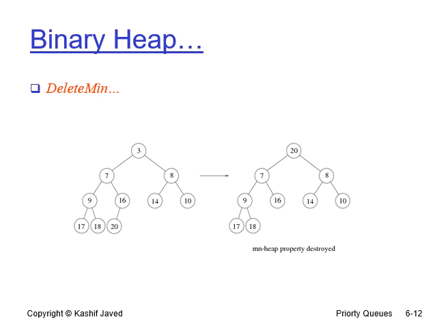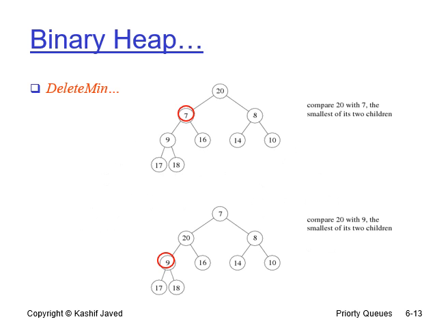So let's move on. What we find is when you compare 20 against the two children, 7 and 8, 7 being the smaller of the two, I will shift 7 to place it in the root node and 20 will come down.